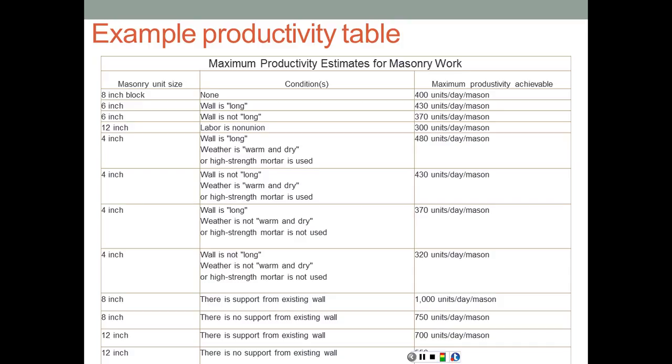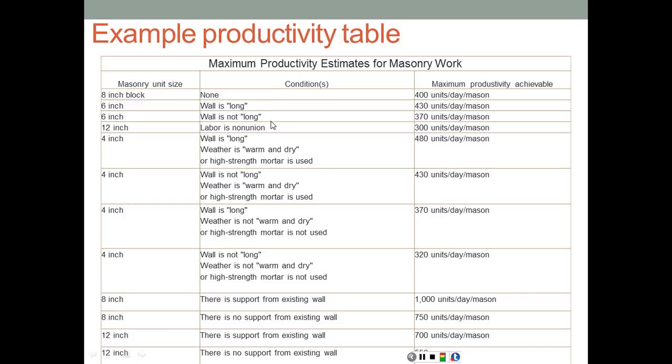So the productivity table is going to show you, for example, that if the masonry unit size is 8-inch blocks with no conditions, then you can produce up to 400 units per day per mason. So knowing the total number of units that we need to place, we can divide it by the number of masons and get the number of days that's going to be needed, and so on.